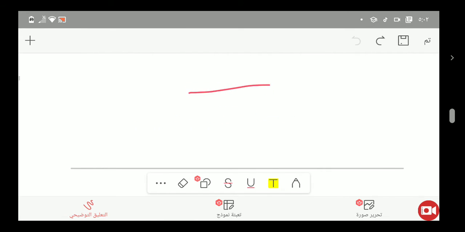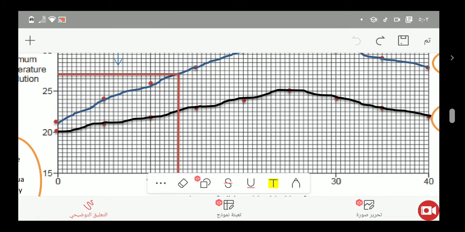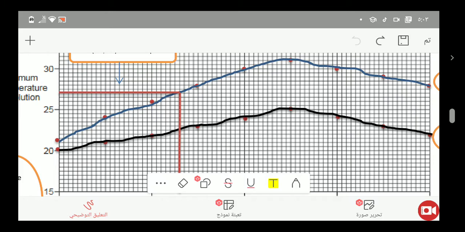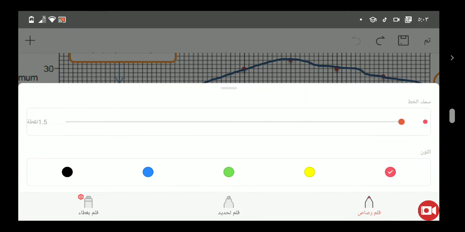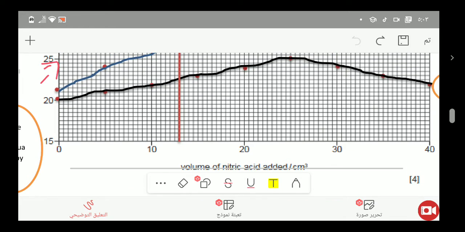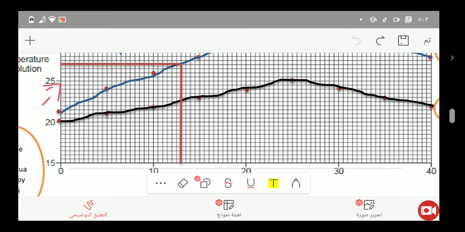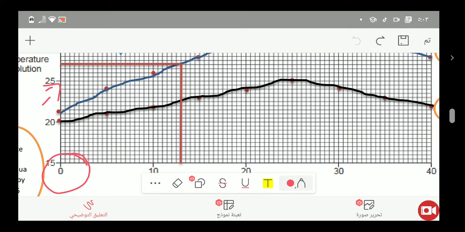Temperature at the y-axis, and at the x-axis is the volume. So let's draw the first 2 points. At 0 volume, the temperature was 22.